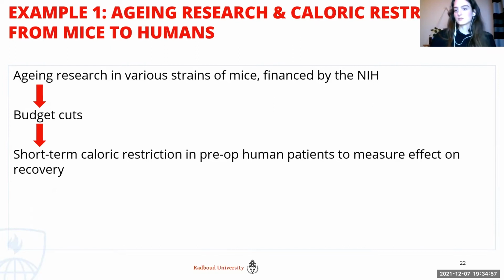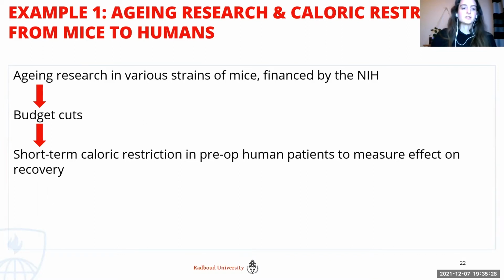But they had to find a new approach to studying caloric restriction and aging. And what they did instead is they thought, well, what can we study now in humans? And they looked at short-term caloric restriction in humans, I think it was a few weeks or maybe even a few days before surgery, to see what effect it would have on the recovery.